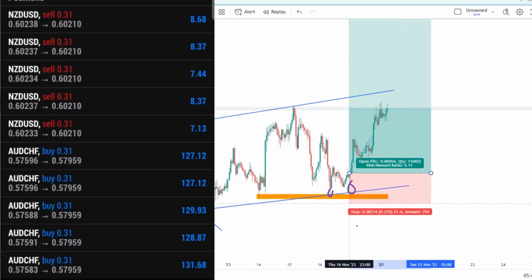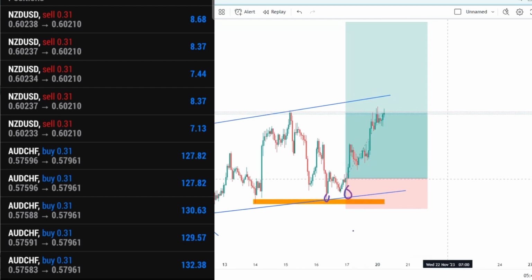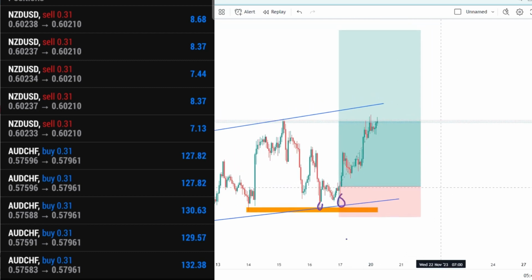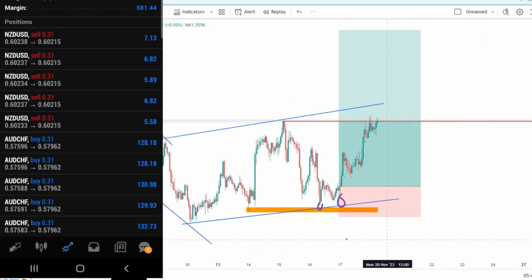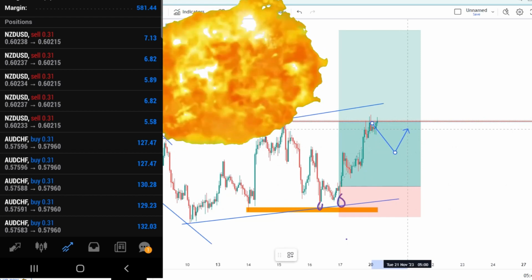But so far, guys, you can see that we already hit the TP1 right here. This one right here is TP1. Right here I expect something like a pullback, maybe to this point here, in order for the market to keep going on the uptrend.